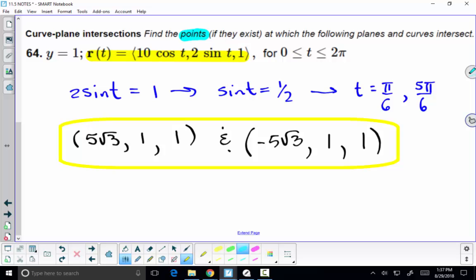The graph of a vector valued function is just the collection of all the tips of the vectors. So if we're looking for an intersection point, we evaluate the vector to figure out where its endpoint is. Every value of t generates an ordered triple, which is the endpoint of the vector, and that's part of the graph.